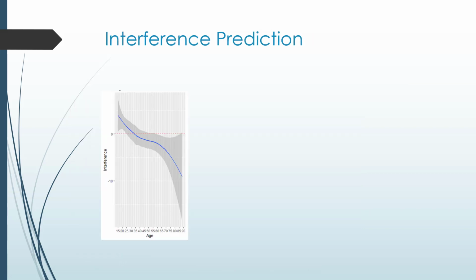For interference, interference also had a significant decrease over time in predicted scores based on a person's age. We can't use this in paper-based tables because we can't have a separate table for each age, because interference is a function of color and word.